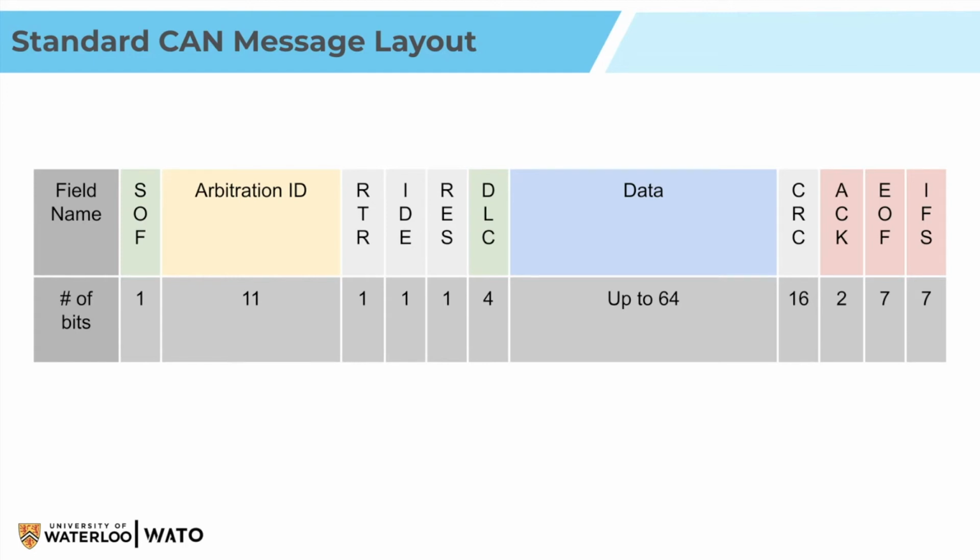What a remote frame does is make a request to whoever has a certain arbitration ID, and within the remote frame, the data would be the arbitration ID of the node that you want to communicate with. That's a bit more advanced because we don't really use remote frames, but I think that's how you would handle that situation.